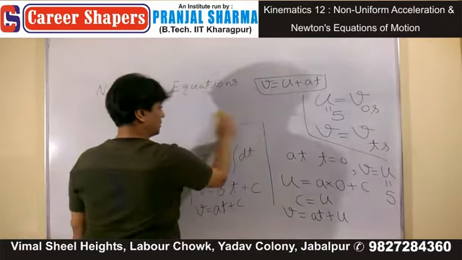The things which keep on changing are time and v. You change t, v will change. Your acceleration will remain the same, 8. Your initial velocity is 5. For a different example, you can always take different values. The argument is that v and t are the things which are going to change.